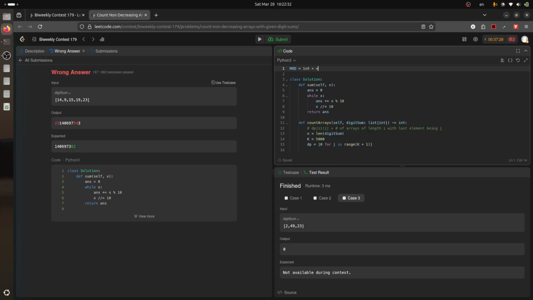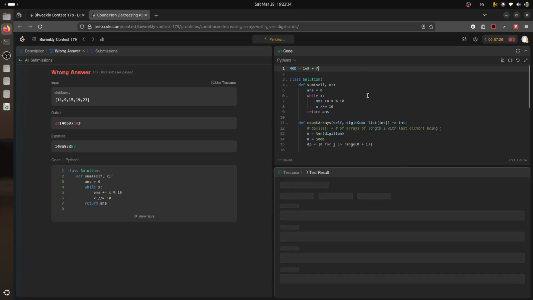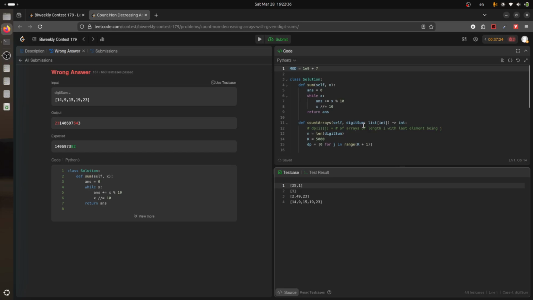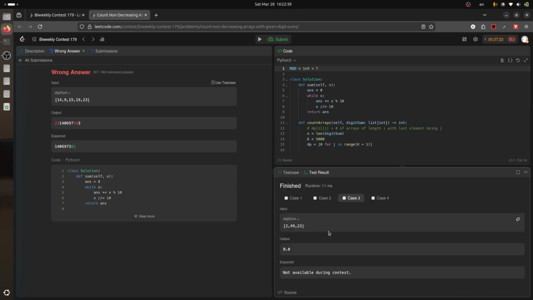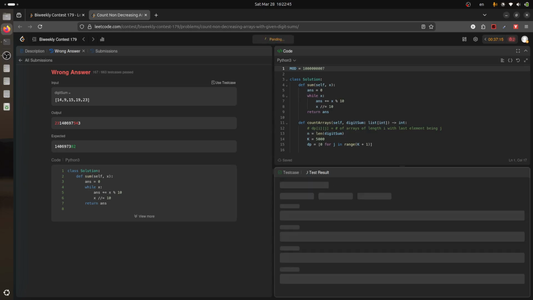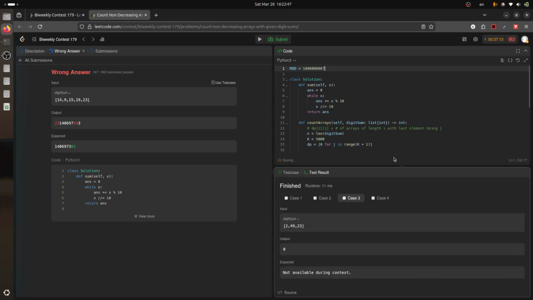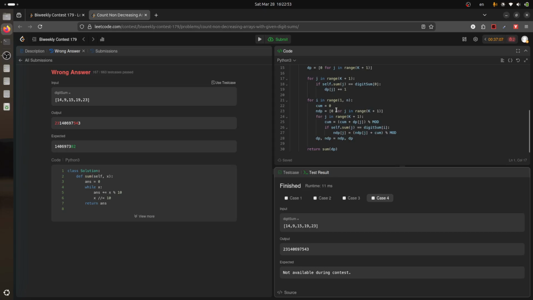Mod 10^9 plus 7. Boom. Let's go. Use test case, expected 1406. 1 2 3 4 5 6 7 8. Boom. Oh, but that should be moduled.